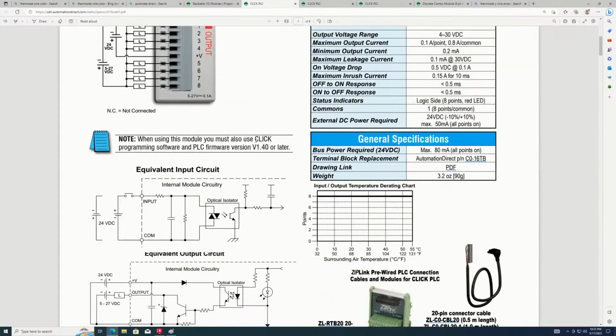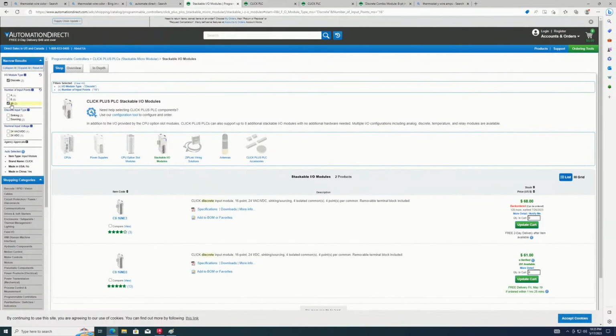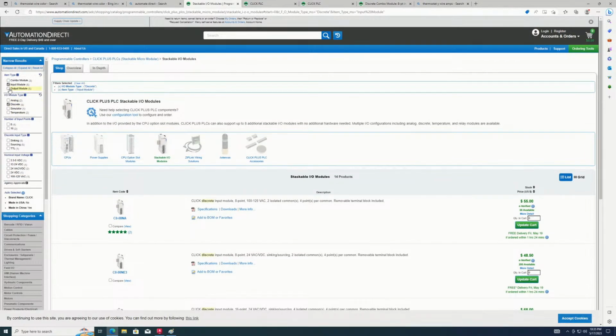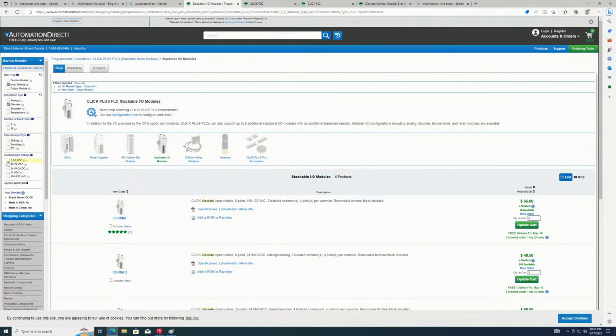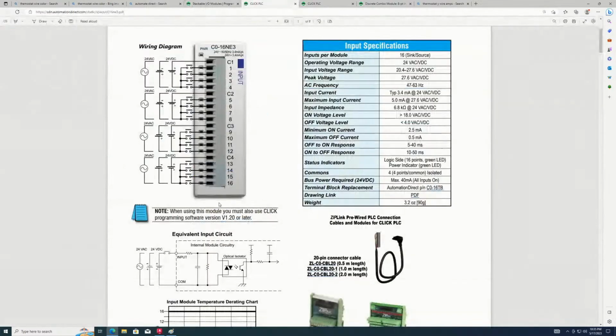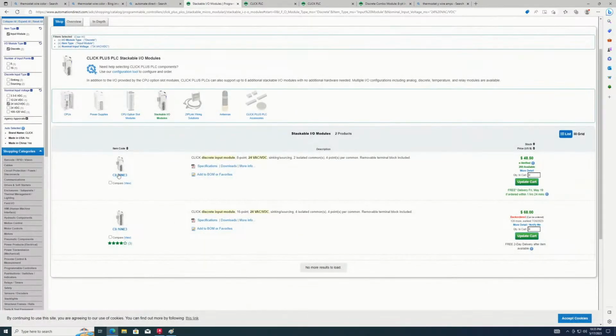No, I don't like this because they're all super isolated. Input module. What part is this? C016, 83.